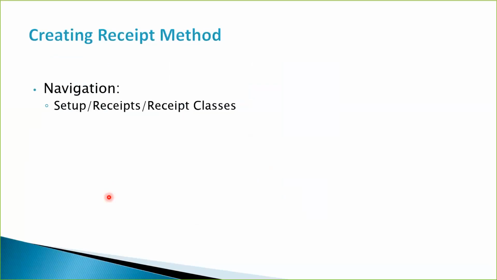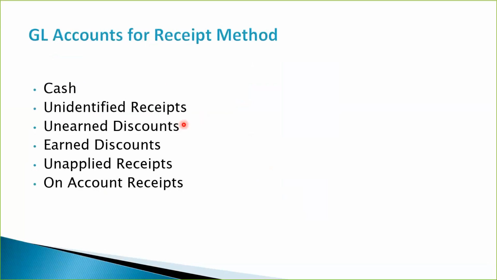So to create a receipt method, this is the navigation, still under receipt classes. Like I said, the relationship was a parent-child between the two blocks. So we're going to create a receipt method, and we're going to associate it with that receipt class, Maskani manual, that we have created.